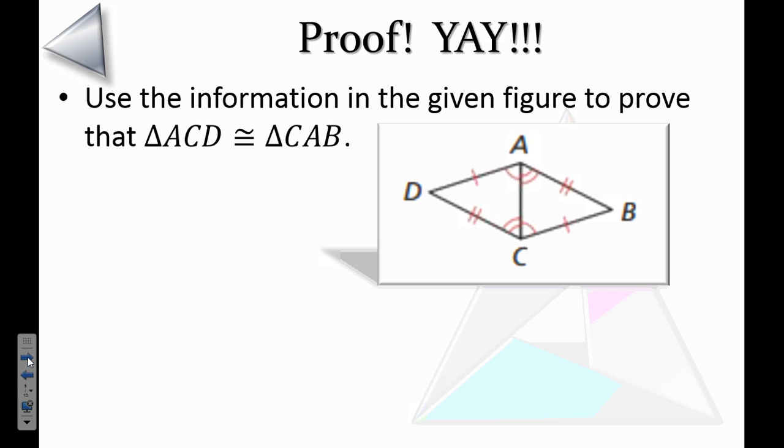BA is congruent to DC, given, right? And why does the third line have to be congruent? The third angles do by the third angle theorem, but does the third side have to be congruent?